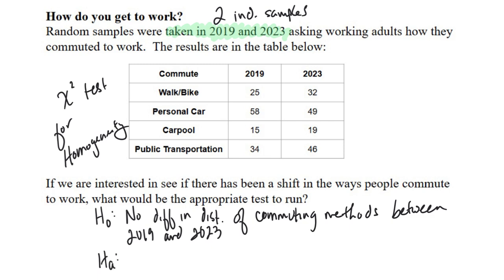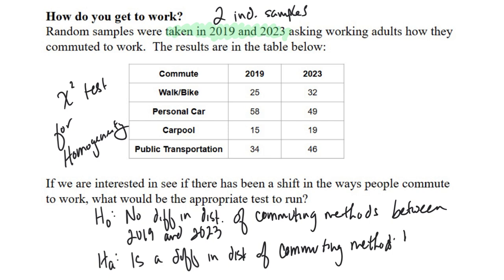The alternative would be there is a difference in the distribution of commuting methods. You could word this in other ways for sure. But those are essentially what we're doing. We're trying to see if there is a difference in those 2 years. Now, again, another video I have after this will actually run the test. I just wanted to be able to tell the difference.